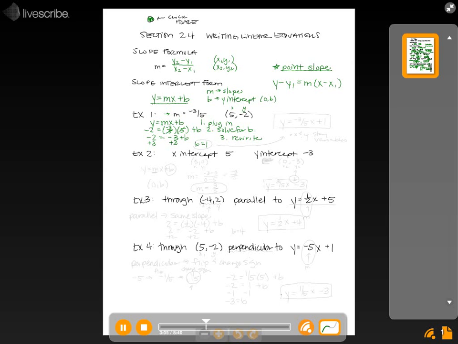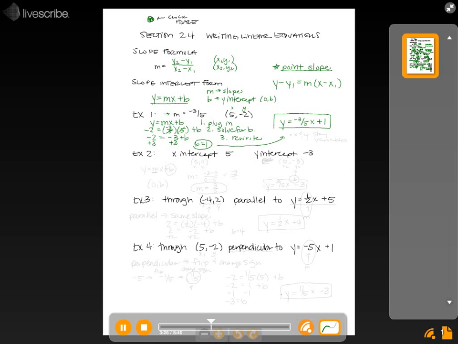Step 3 is to rewrite in slope-intercept form. So we've got 3 steps: 1, plug in; 2, solve for b; 3, rewrite. We're going to leave y a variable, plug in m, negative 3/5. x is going to stay a variable, and then we put in b, which is positive 1, so plus 1.